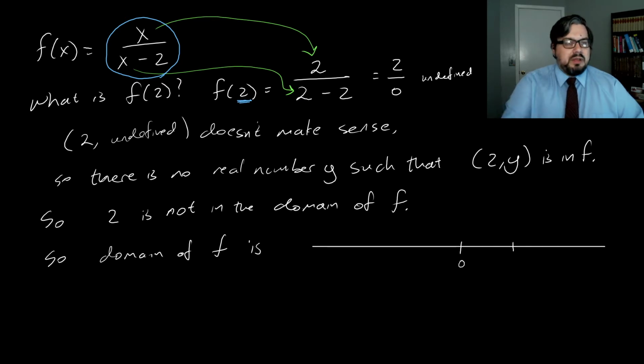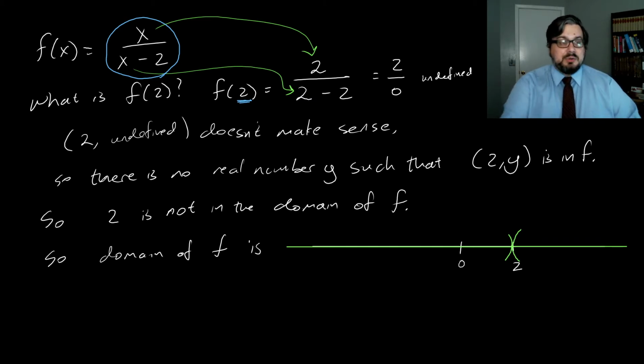The domain consists of all real numbers other than 2. So it's going to consist of all numbers greater than 2 and all numbers less than 2, but not actually equal to 2. So we can sketch out the domain this way.